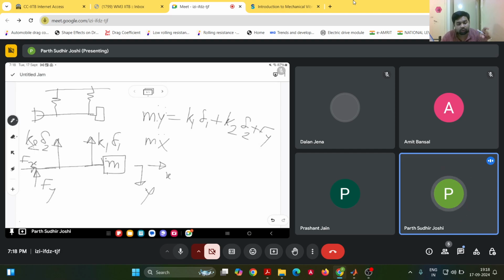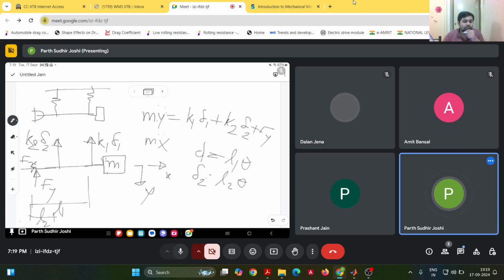Let us say this distance is L1 and this distance is L2. Then delta 1 is approximately L1 theta, and delta 2 is L2 theta.